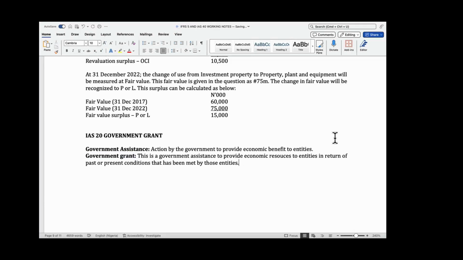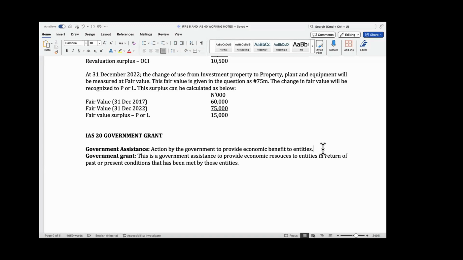So government assistance is government grants plus other actions by government. But government grant is just part of it. It is under assistance, but it's very monetary. They are specifically providing resources to entities for meeting present or past conditions that have been specified by the government.